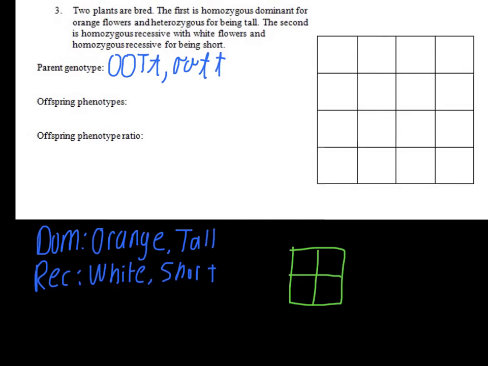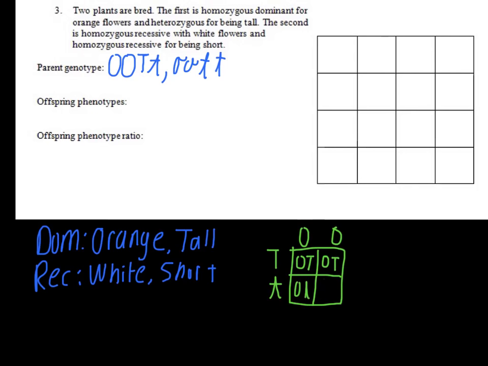We're going to take the first part of it, the homozygous dominant part, and put that along the top. We're going to take the heterozygous part and put it along the side. Then you combine all of them together inside the box. I'm going to write the letter O first just because I did that up at the top. It really doesn't matter which one you pick. What does matter is that you stay consistent with it.